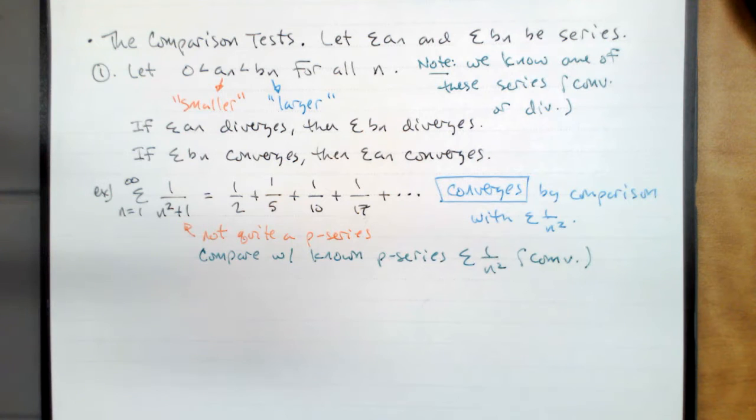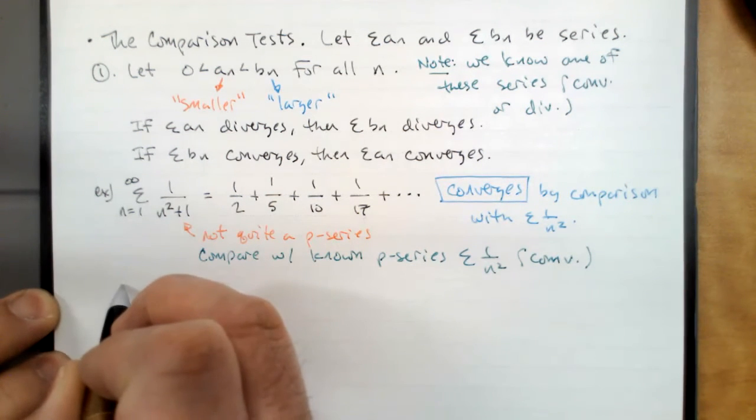What are we talking about? Oh, yes. So what we can do here is we're going to compare 1 over n squared plus 1. The advantage that we have is that 1 over n squared plus 1 is going to be less than 1 over n squared all the time.